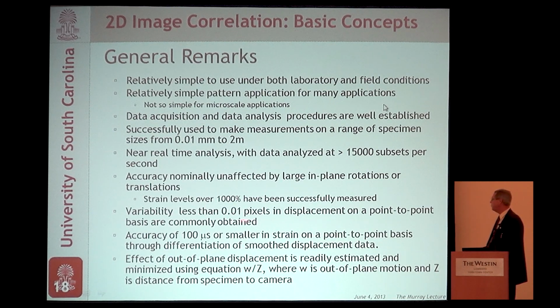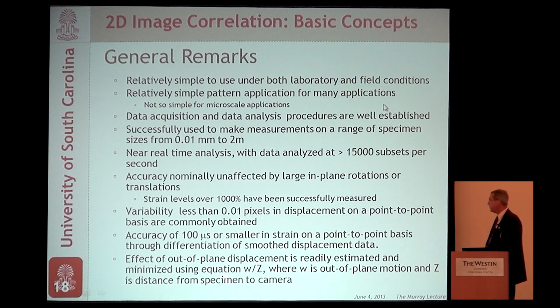Variability less than 0.01 pixels is common. Typically 5,000ths of a pixel is the variability, and that typically comes from noise in the cameras. If the cameras have low noise, you get improved accuracy. 100 microstrain is common; you can do much better than that if you're really careful, but plus or minus 100 microstrain will certainly cover most of the cases.